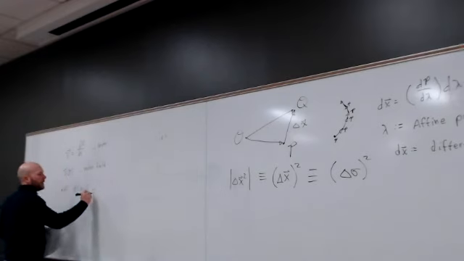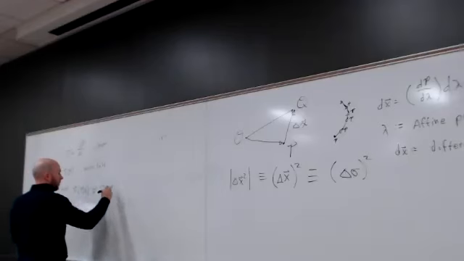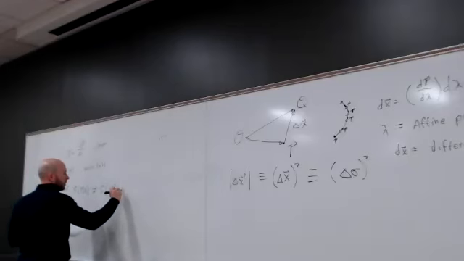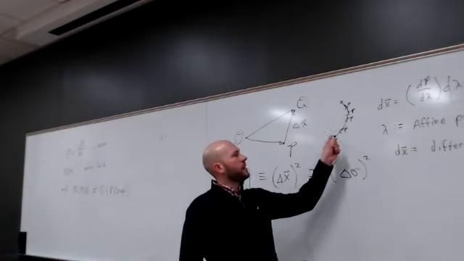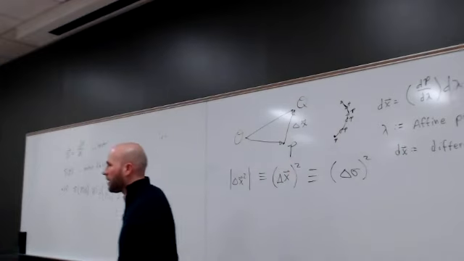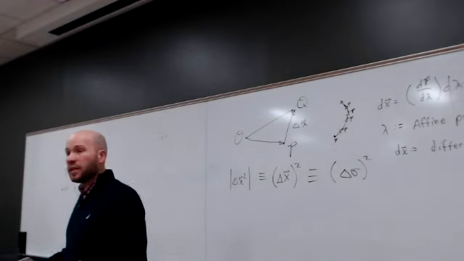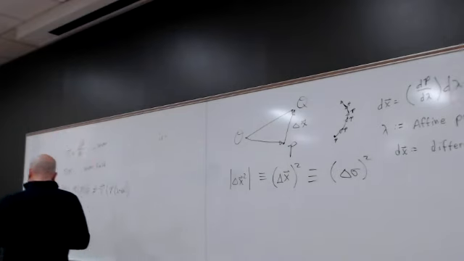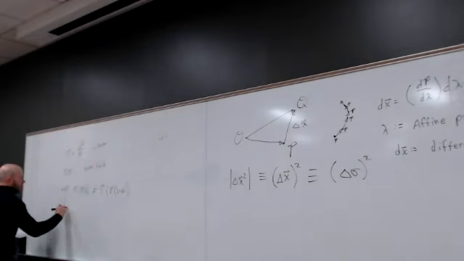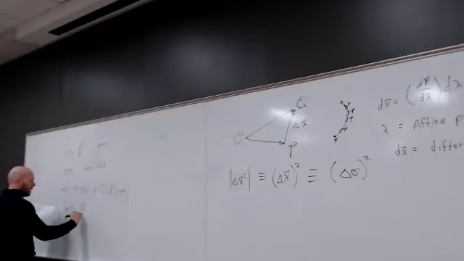If this velocity is not equal to this velocity, move along the affine parameter, recompute the velocity, those two things aren't equal, the velocity is not constant, then I have an acceleration. Something is changing the velocity. And I can then define the acceleration, which is simply that change infinitesimally over dt.